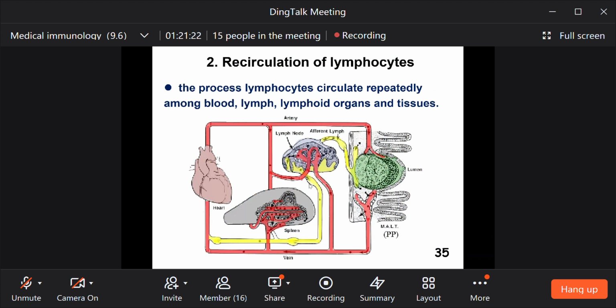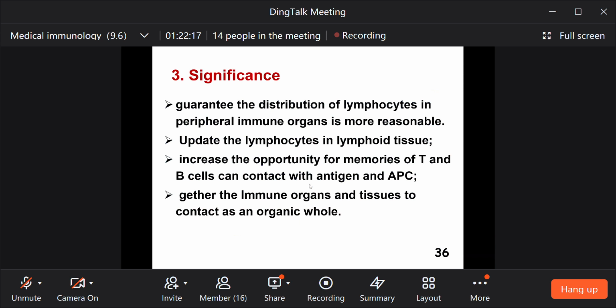It is the process in which lymphocytes circulate repeatedly among the blood and lymphoid organs and tissues, just like blood circulation. How do we understand this phenomenon? In other words, what is the significance of the recirculation of lymphocytes? Here is a list of four significances.